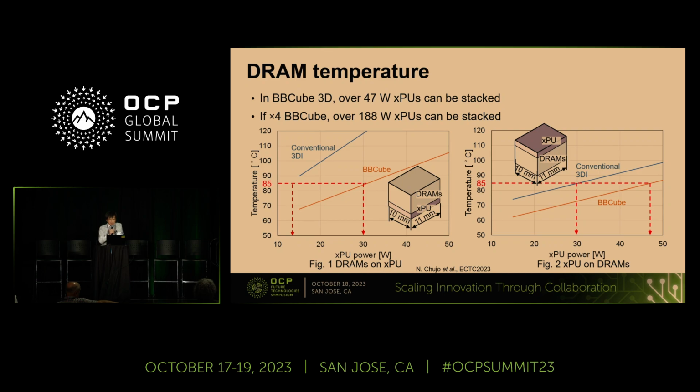So, in conventional 3DI, the acceptable XPU power is only 12 watts. In BBCube, XPU power can be increased to 30 watts. In the case where the XPUs are on top of the DRAM, the XPUs are cooled directly. Therefore, in BBCube, XPU power can be increased to 47 watts.